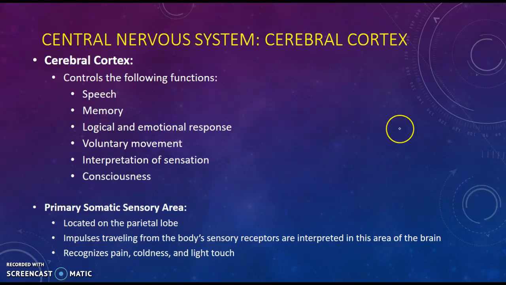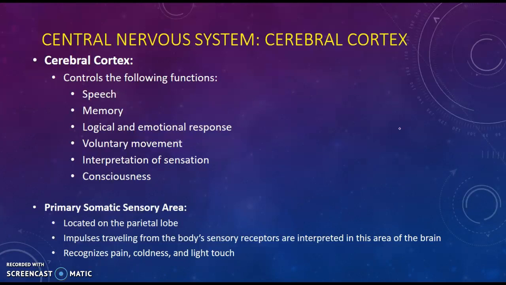So the cerebral cortex, or that gray matter, is really what makes us us. This is the part of the brain that controls a lot of your logic, your thinking, your memory, your ability to analyze information, consciousness, interpretation of sensation, even your voluntary muscle movement is all controlled by certain aspects of this cerebral cortex.